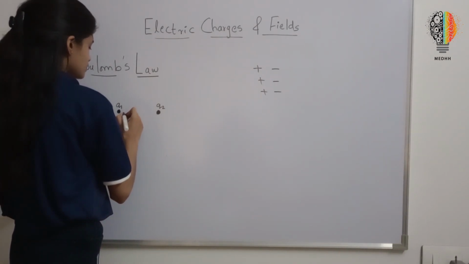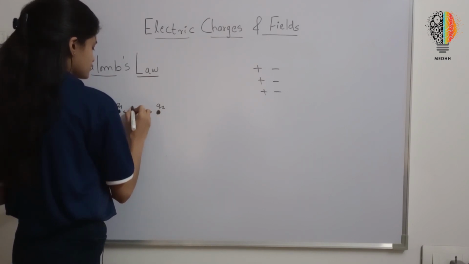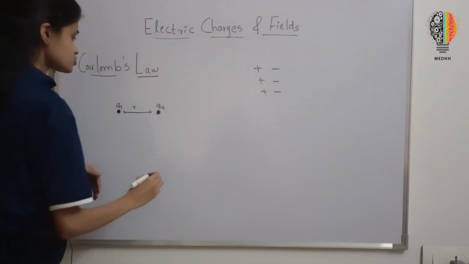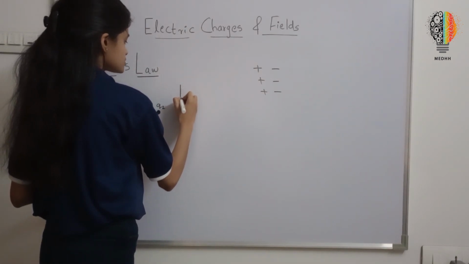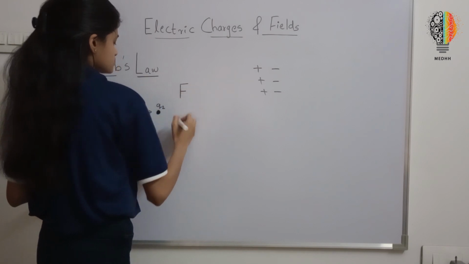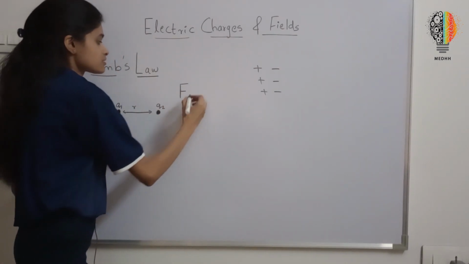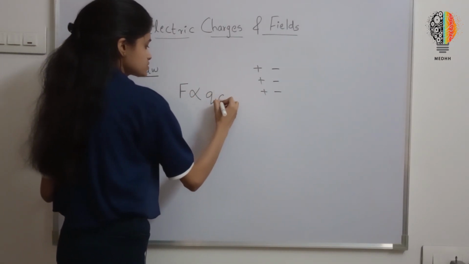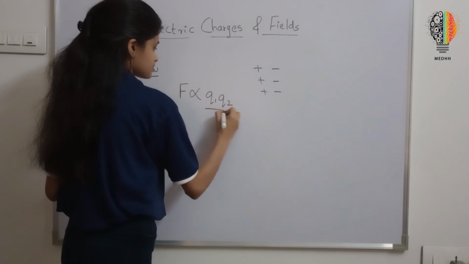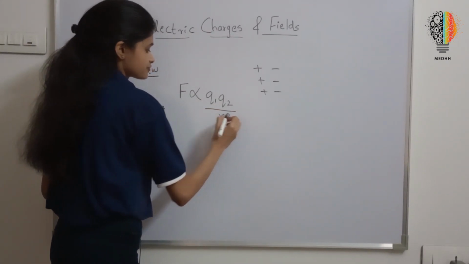So, let us assume that they are separated at a distance r. Coulomb's law states that the force that is experienced between these two point charges is directly proportional to the magnitude of the charges and inversely proportional to the square of the distance between them.